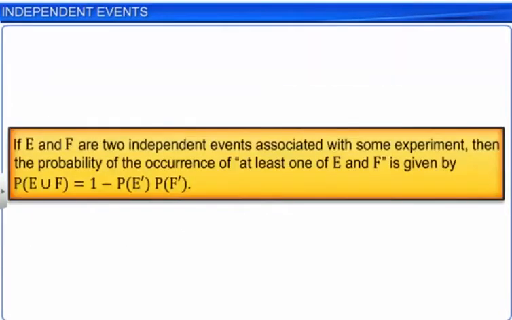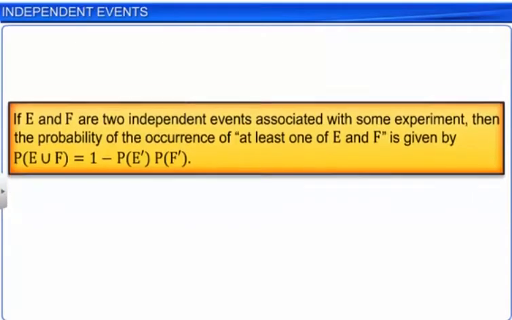If E and F are two independent events associated with some experiment, then the probability of the occurrence of at least one of E and F is given by 1 minus the product of the probabilities of E complement and F complement. Let's verify this property.